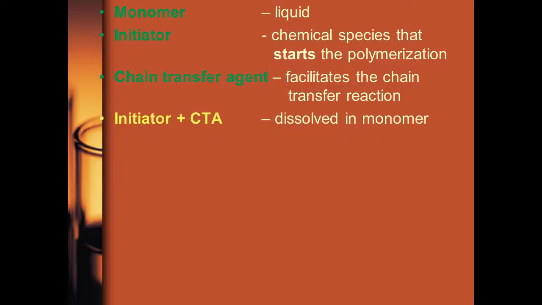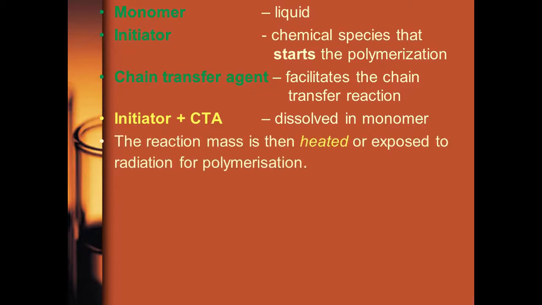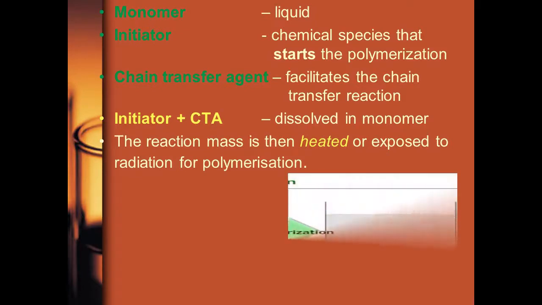The initiator and the chain transfer agent are dissolved in the monomer. As a whole, the monomer, initiator and the chain transfer agent exist in the same phase, so it is termed a homogeneous polymerization. The reaction mixture is then heated, or it can be exposed to radiation, for the polymerization to occur.